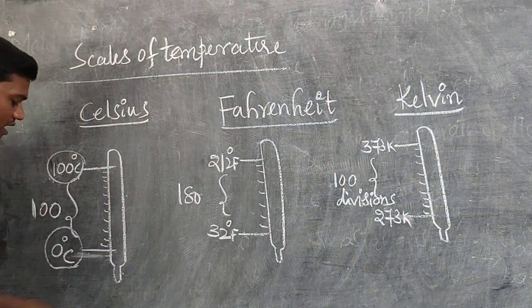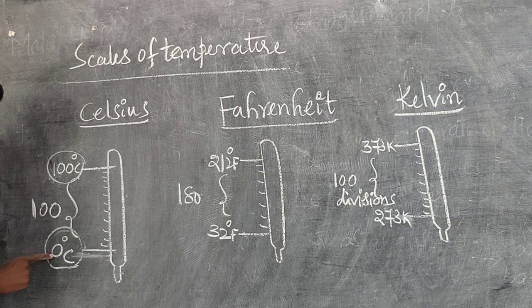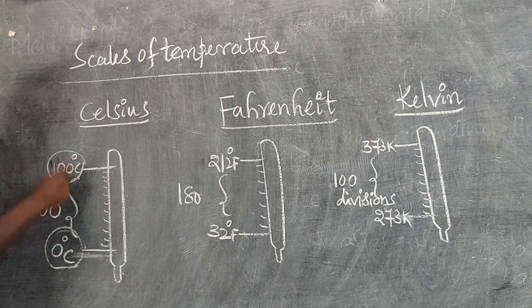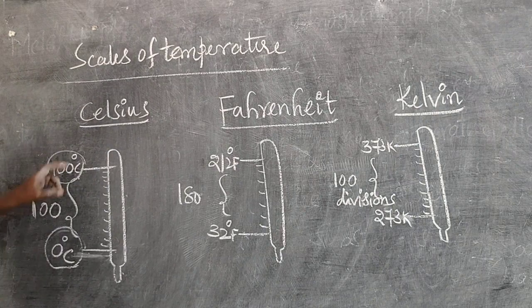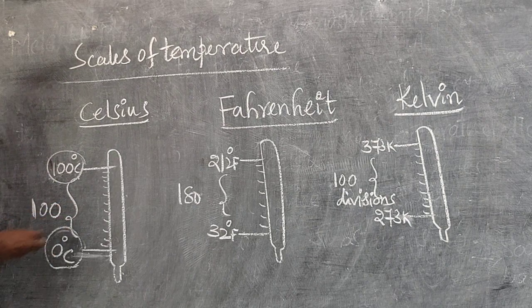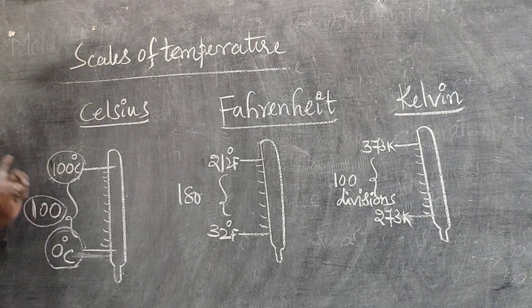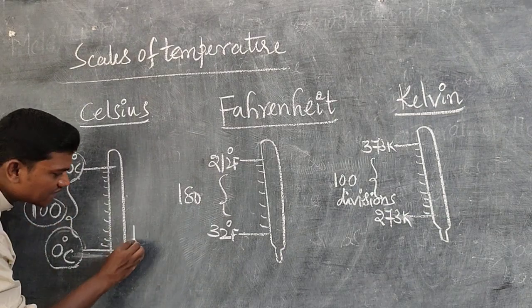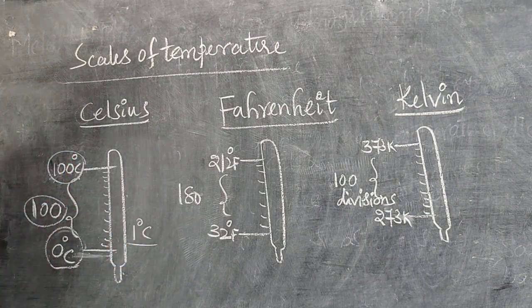Already we know the melting point of water is 0 degrees Celsius, and the boiling point of water is 100 degrees Celsius. Now from 0 to 100 degrees Celsius on the Celsius thermometer, it is graduated. How many divisions totally? 100 divisions. Means each division represents 1 degree Celsius.